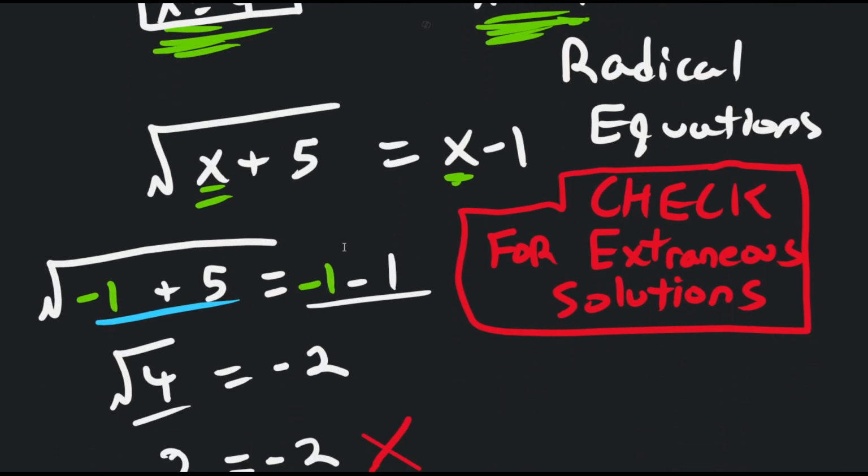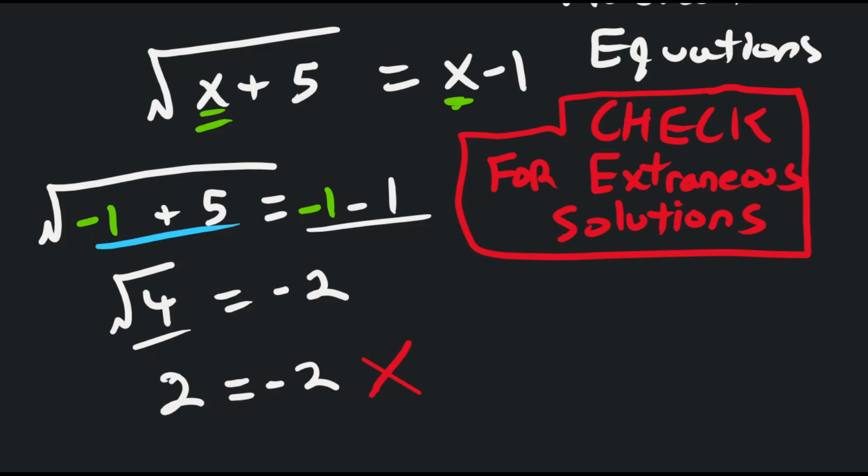And that is because when we plugged in -1 right here, whatever's underneath the radical, at the end of the day, this is a positive radical. The square root of anything will always be a positive number. So whatever this radical comes out to, it will be a positive number.